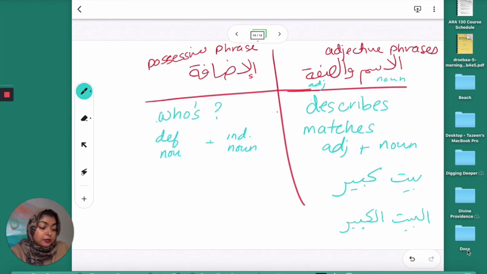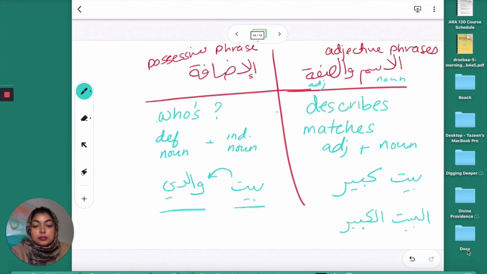There's two nouns. So if I wanted to use bayt, in this case, bayt walidi, my dad's house. In this case, it's a noun and it's indefinite, nakira. In this case, you have a noun and it's ma'rifa. And you're telling me whose house it is. Okay? Bayt walidi, it's my dad's house. Whereas this one, you're not telling me whose house, you're describing the house. Okay? So that's the difference between these two types of phrases.